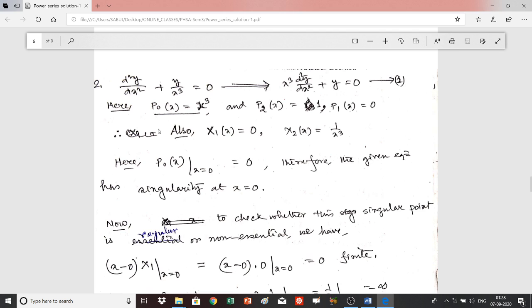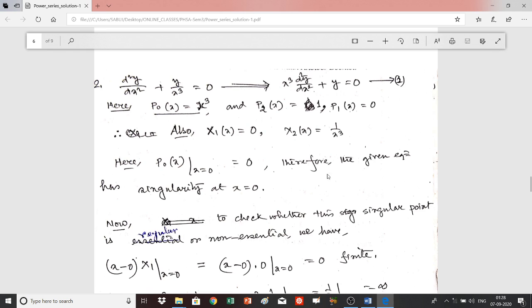Now for the value x is equal to 0, we have to find out P0x. So P0x at x equal to 0 is equal to 0. Therefore, the given equation has singularity. As it is equal to 0 at x equal to 0, this equation has singularity at x equal to 0.